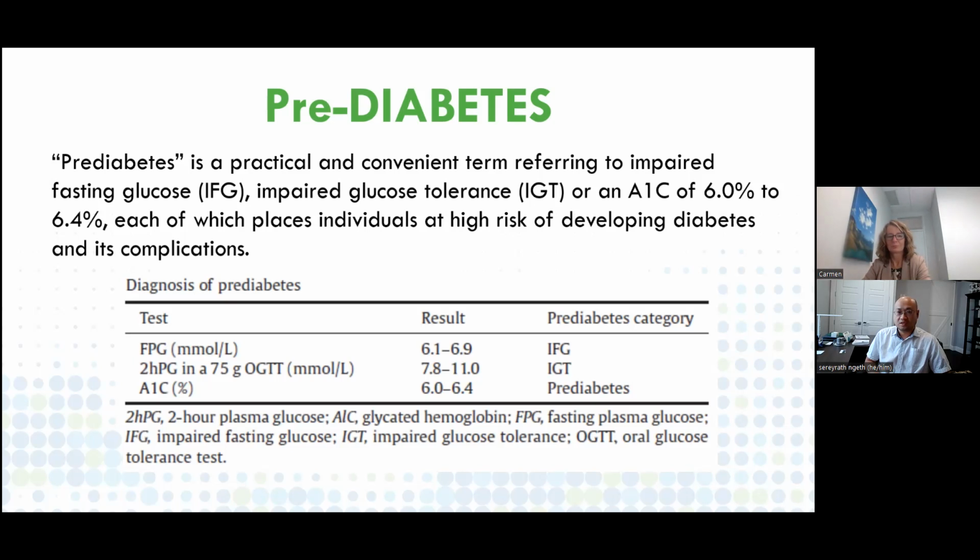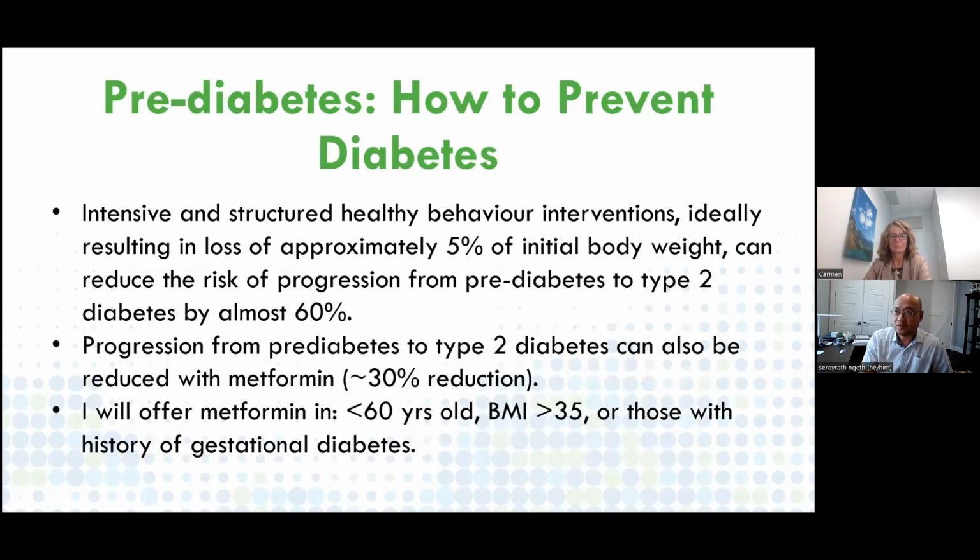And A1C is what we've discussed before. If their A1C is between 6.0 to 6.4, they're considered pre-diabetic. So how does one prevent pre-diabetes? It comes with intensive and structured healthy behavior interventions, ideally resulting in a loss of approximately 5% of your body weight, which can reduce the progression of pre-diabetes to diabetes by up to 60%.